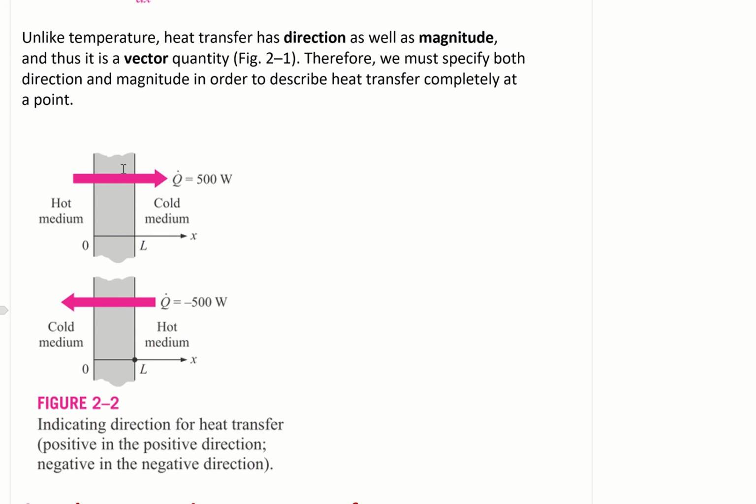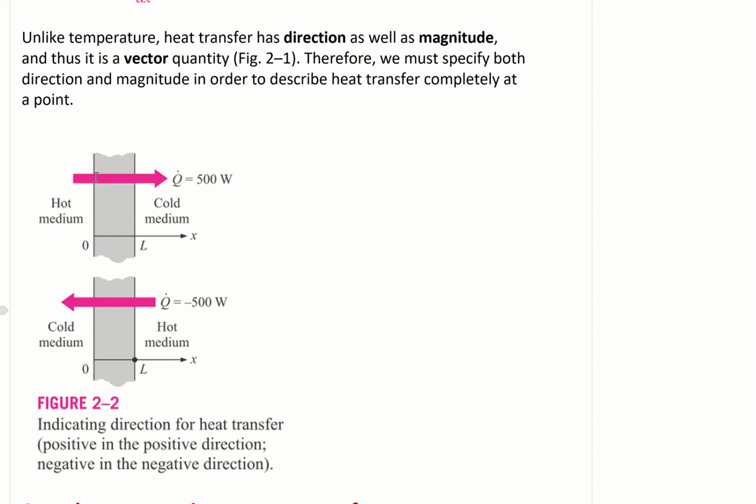If we have a wall and we cut it in half and we're looking at it from the side view, and let's say it's hot on this side and cold on this side, and the thickness is L, because there's a temperature gradient or a change in temperature, this will drive heat transfer through the wall. And again, because heat transfer is a vector, it has to have direction and magnitude.